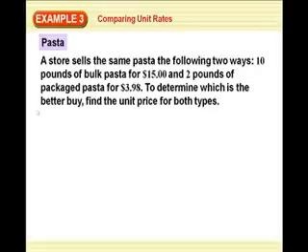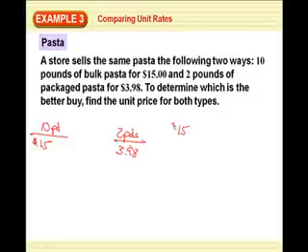So we get 10 pounds of pasta for $15, and we get 2 pounds of pasta for $3.98. We probably should do the cost per pound, so we write it this way. $15 for 10 pounds. How much would it be for 1 pound? Let's compare it that way.